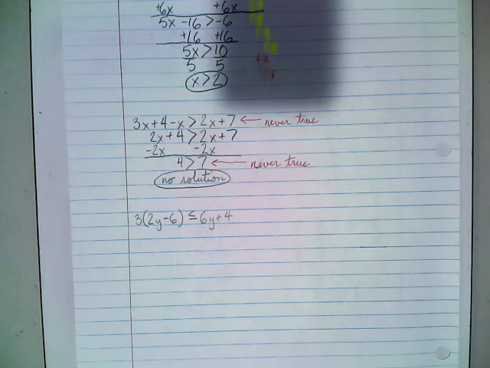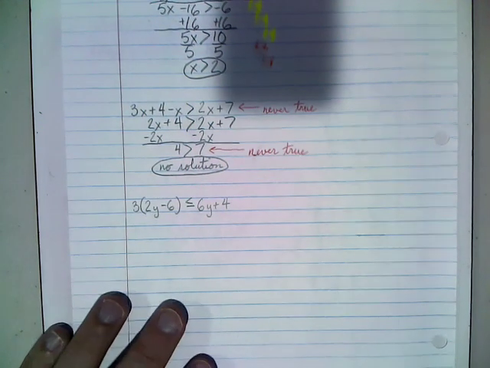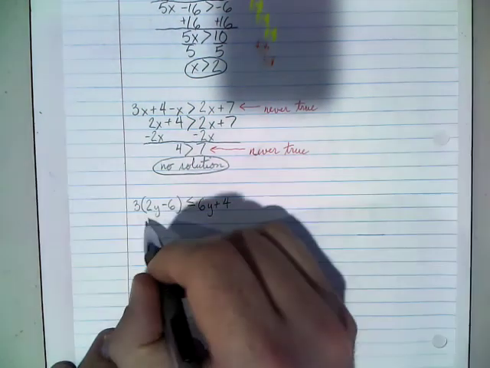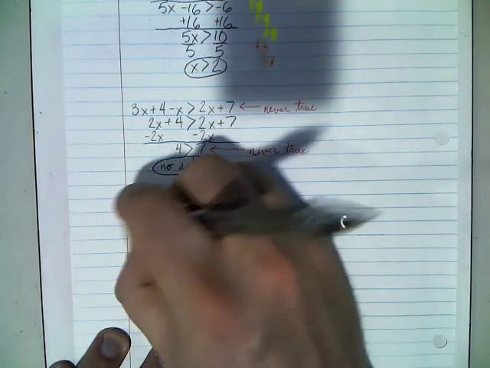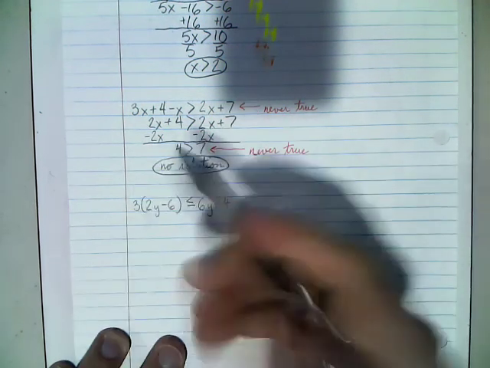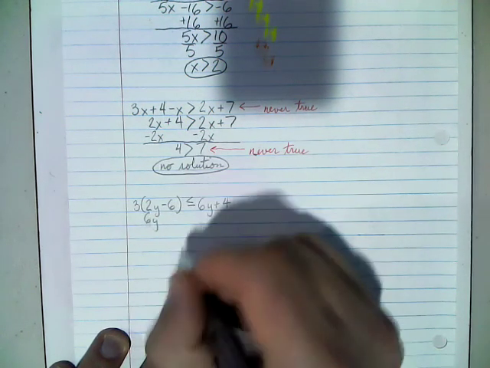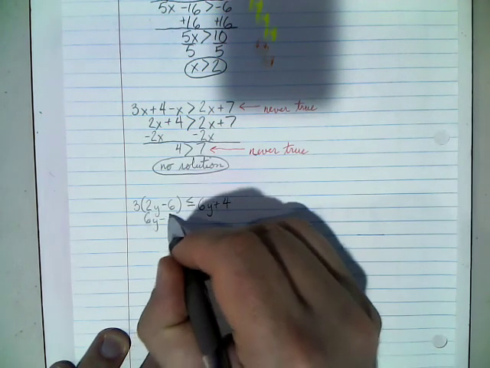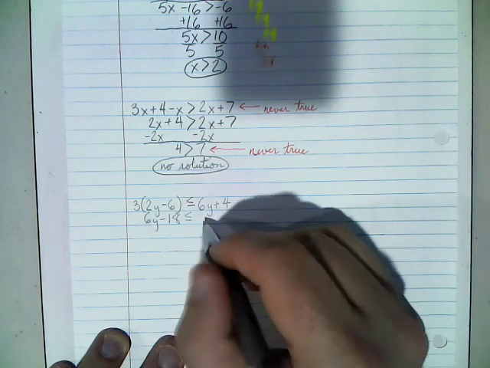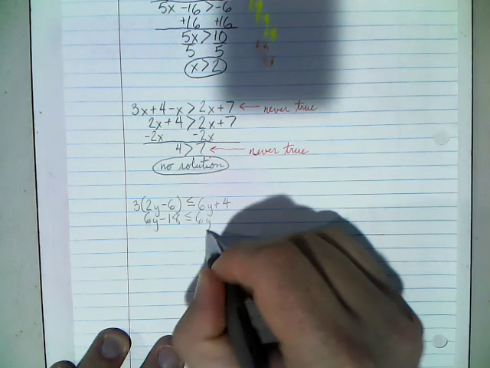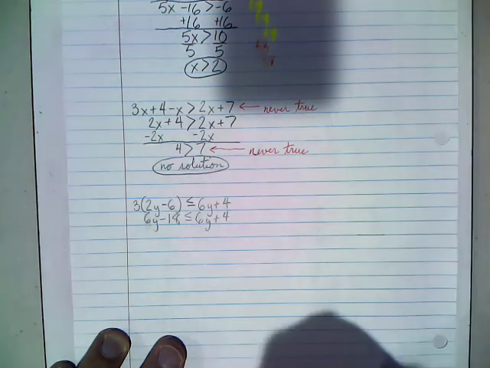If we go ahead and solve this one, first of all, simplify. So I'm going to distribute my 3. 3 times 2y is 6y, and 3 times a negative 6 would be a negative 18. So 6y minus 18 is less than or equal to 6y plus 4.